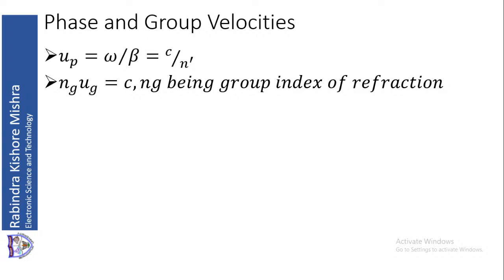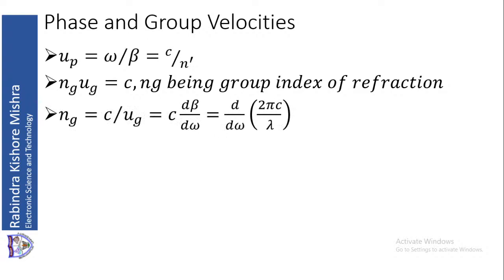Ng is the group index and Ug is the group velocity, right? So for the group propagation, or for the energy, the refractive index is Ng and Ug is the velocity.